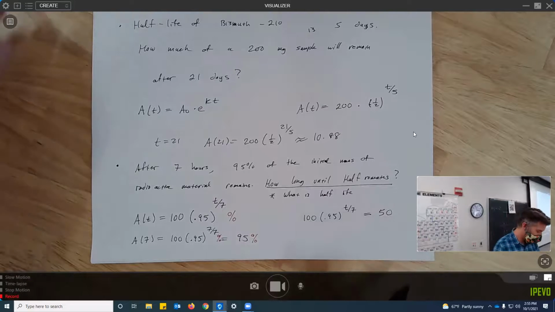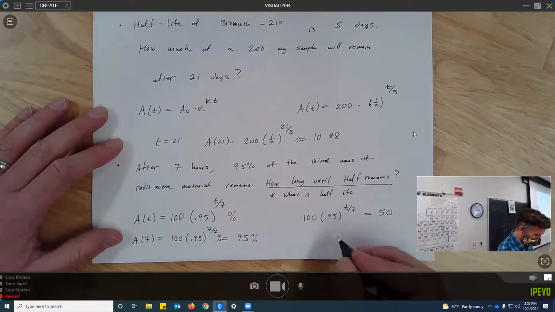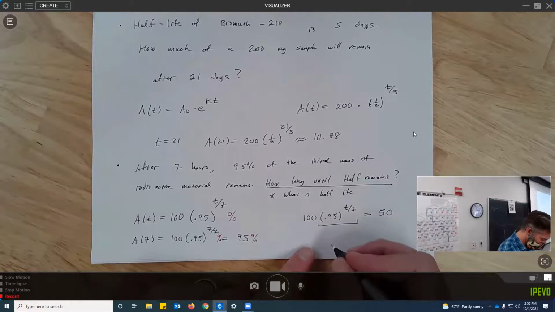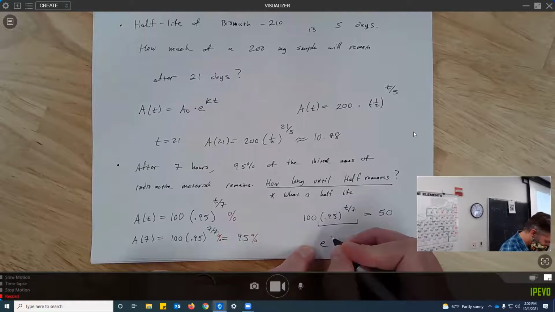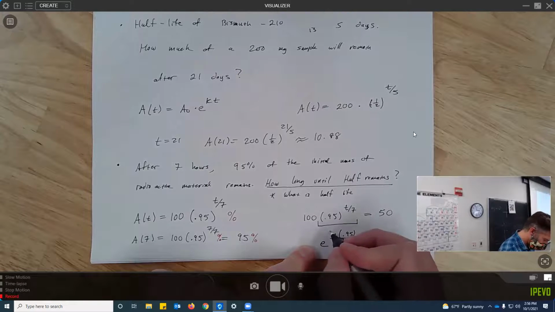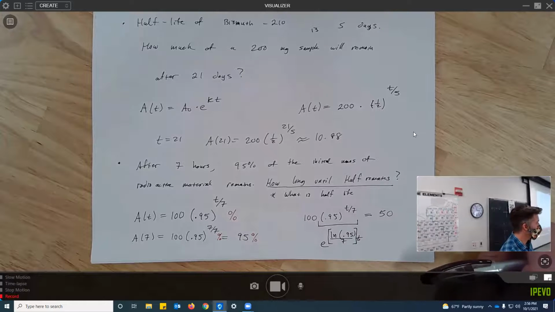But I will point out what's really happening here: this 0.95 to the t over 7 is the same as e to the natural log of 0.95 divided by 7 times t. That would be your k value, the natural log of 0.95 over 7, if you were doing it that way.